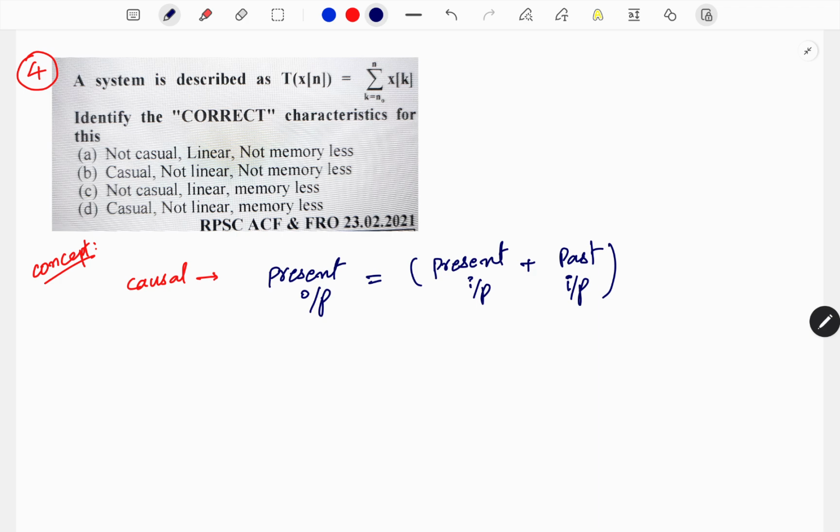If it depends on future input, then it is called non-causal. So now we will see these options.